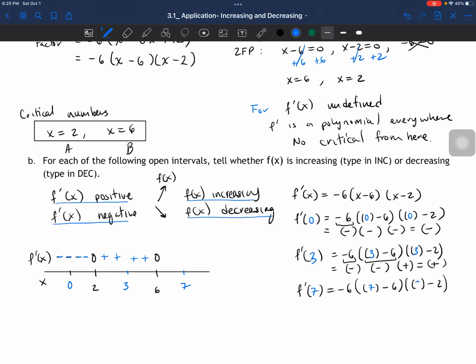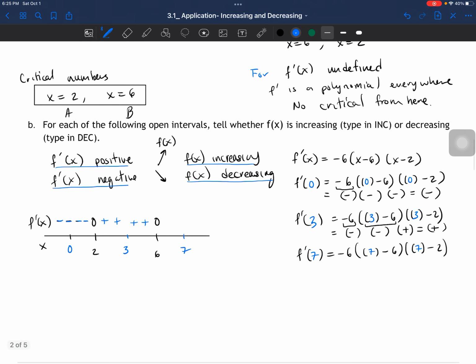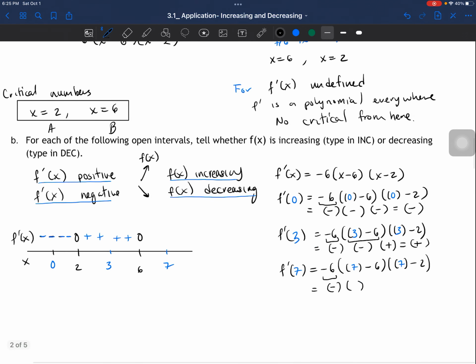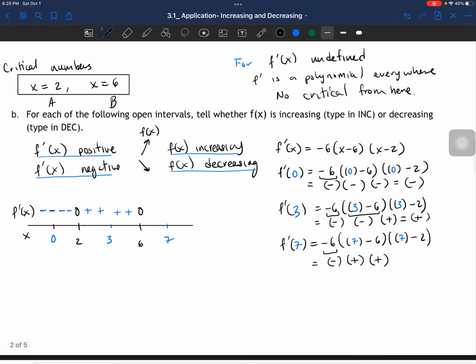Let's see what happens on the next one. We're going to plug in 7 and 7 in here, and try this again. What happens when we have negative 6, which is a negative number, right? It's negative 6, but we don't care that it's a negative 6. We just care it's a negative number, because all we're doing here is multiplying. 7 minus 6 is positive 1. We don't care about the 1, we just care that it's positive.